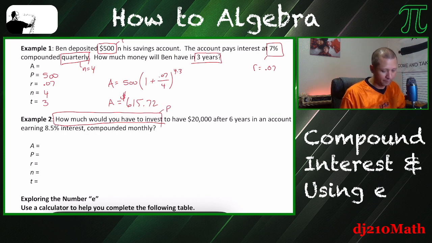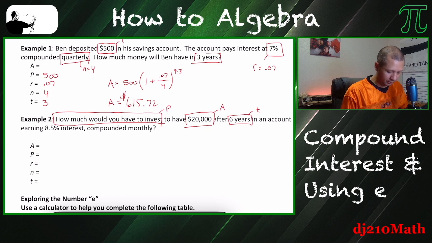We need to figure out what amount we start with if we want to eventually have 20,000 after 6 years in an account earning 8.5% compounded monthly. So A is 20,000. P, we don't know. That's what we're looking for.